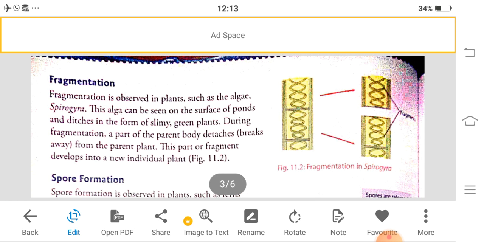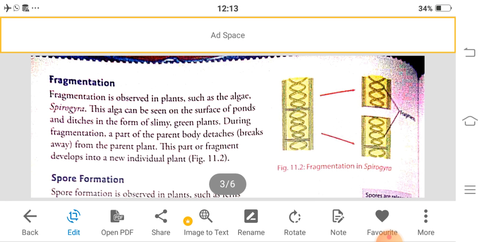It is said that small fragments, meaning small parts, get detached from the parent plant. The main or parent plant breaks into small pieces.